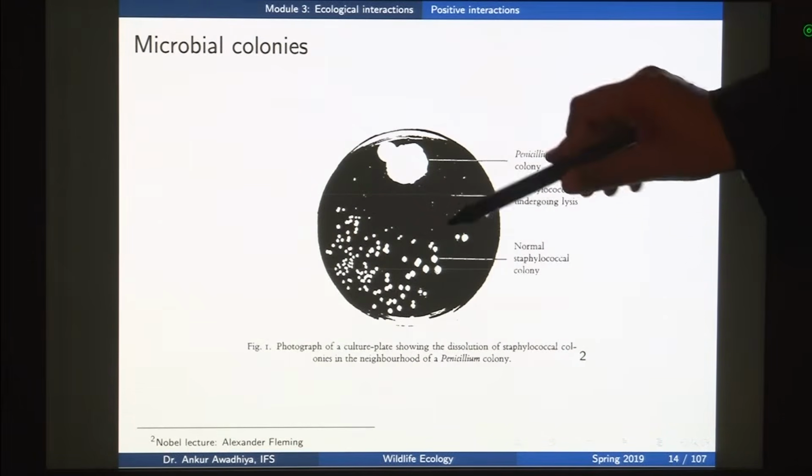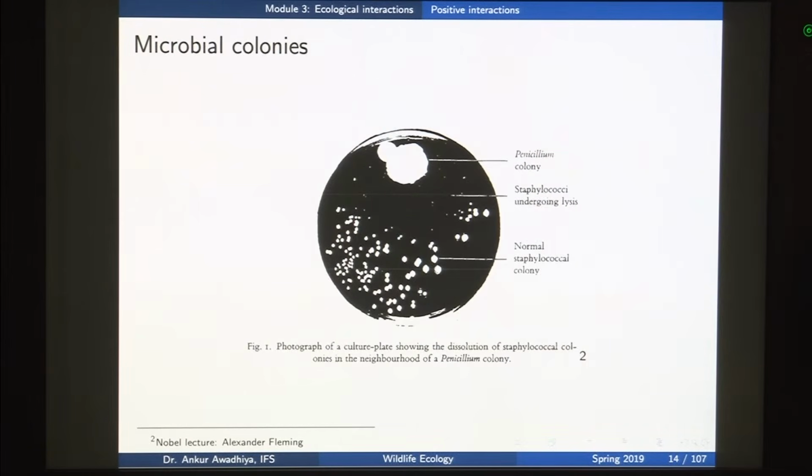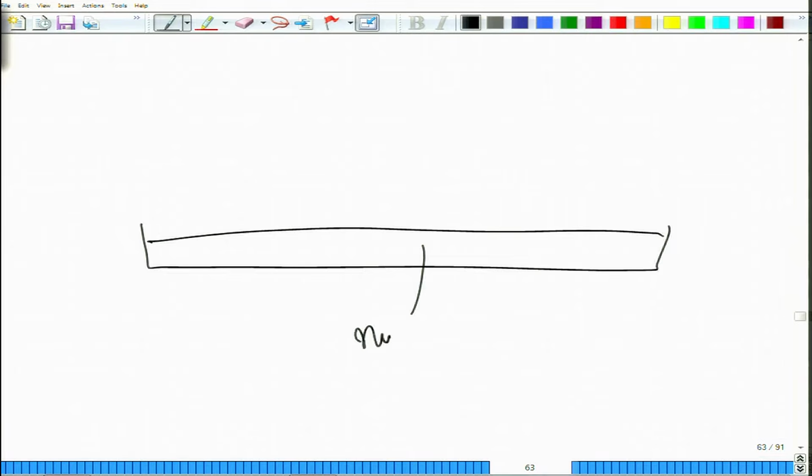Now, if you look at any one of these colonies, we will see that this is one structure. You will not be able to differentiate different bacteria that are inside this structure, but all of these bacteria have come from one single bacterium through the process of multiplication. So, what is happening here is that on the surface of the petri dish, you have a nutrient agar medium.